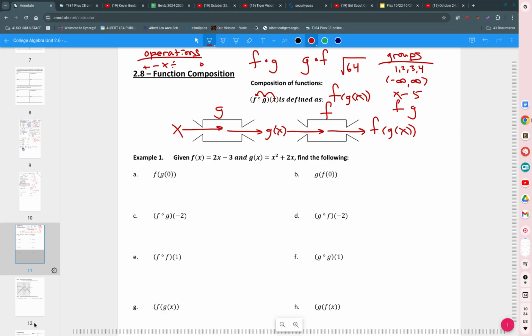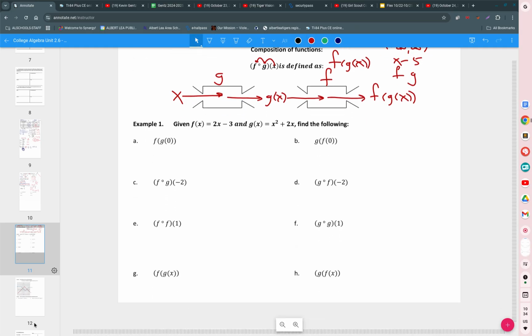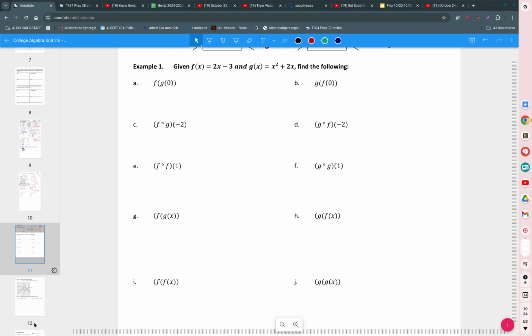So you can see I have problems written differently here. Sometimes it has the circle, sometimes it doesn't. They mean the same thing. You might see both of those, either one, pop up in that way on the ACT. So let's try a basic example. Problem number 1. It says f of g of 0. That means I take 0 and I plug it in for g.